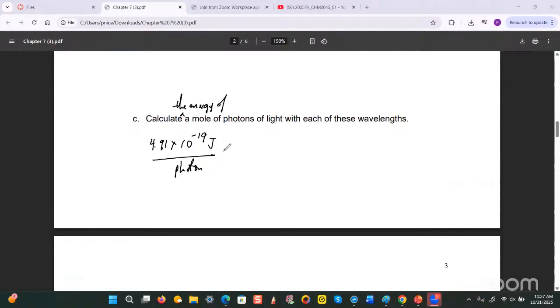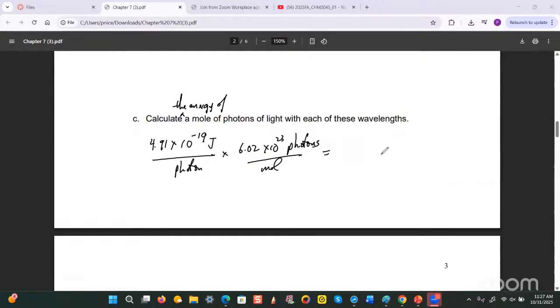So that means we'd have to multiply by Avogadro's number, 6.02 times 10 to the 23 photons per mole. And that's it. Let's see what this gives. 4.91 times 10 to the minus 19 multiplied by 6.02 times 10 to the 23.